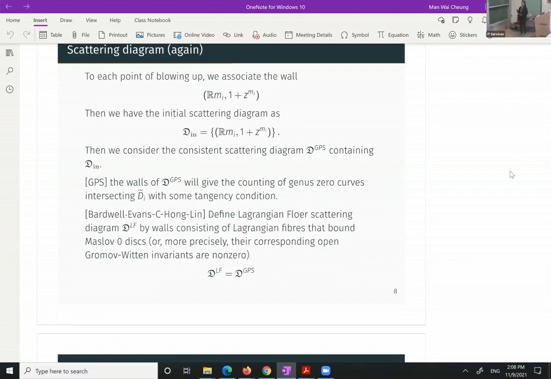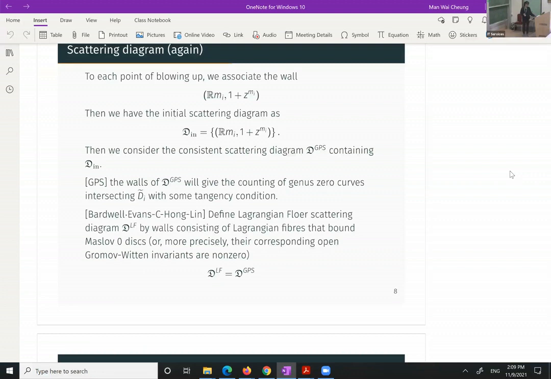What we have with Bardwell-Evans, Hansol Hong, and Yu-shen Lin is that we literally construct the Lagrangian fibration, then we construct the holomorphic disks, and then we construct the scattering diagram from the Floer theory point of view. We use the tropical-holomorphic correspondence to show that the two scattering diagrams are the same. So there we can see that for this GPS scattering diagram, the counting does carry Floer theory meaning.